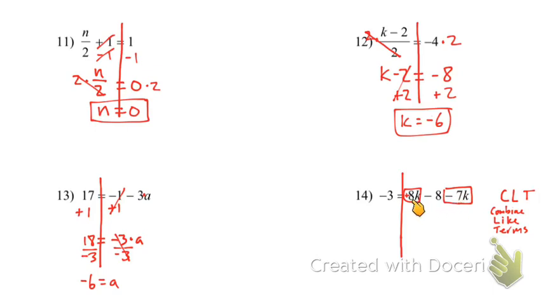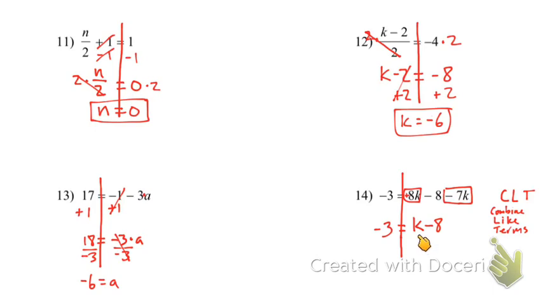So we have positive 8 and a -7. If you do that math, positive 8, -7, and combine them, that gives you positive 1K, or positive K. Bring down the -8 here. Equal to -3.